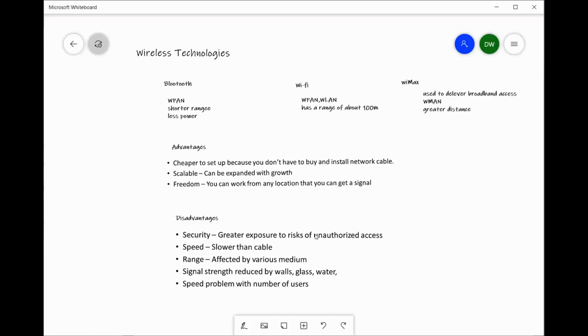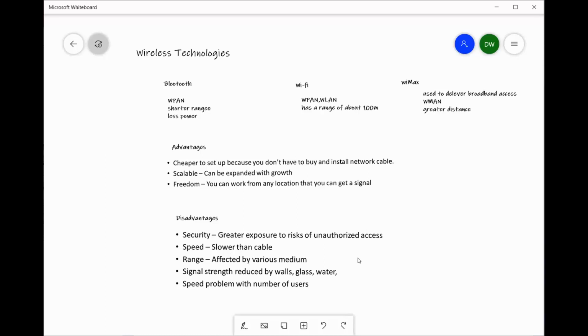When we think of security, other than the wired network, wireless networks have greater exposure to risk. And when we compare the speed, we can say that wireless media is a little bit slower than wired media.